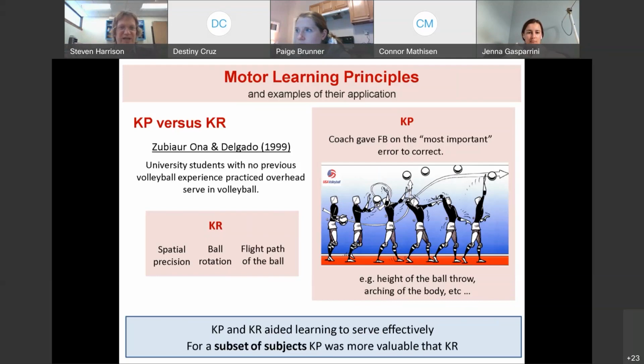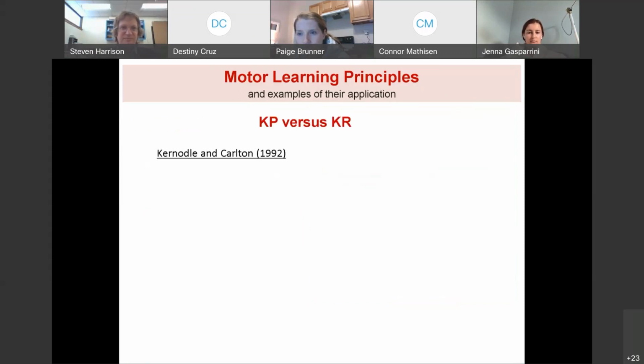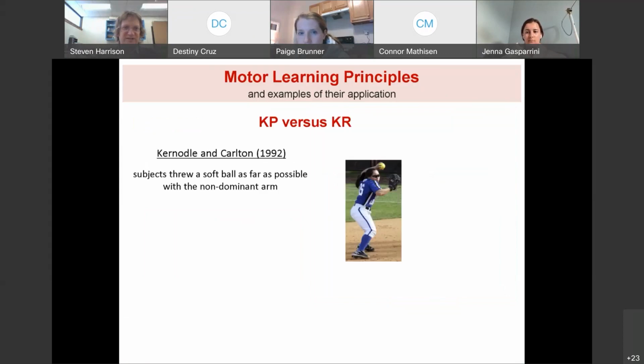So what we're getting a hint at here is that there are potential individual differences in learning styles, or where people are in their learning process, that would make one type of feedback more valuable than the other. Although what the difference is wasn't unpacked in this study. Okay, let's look at another study.